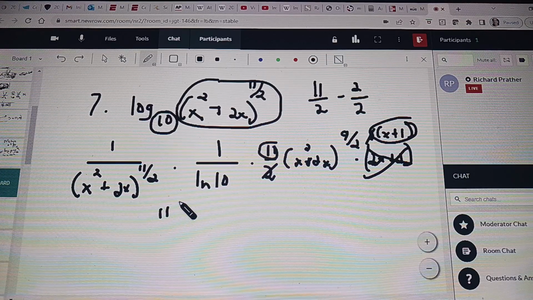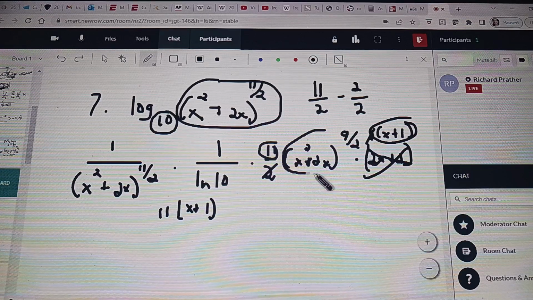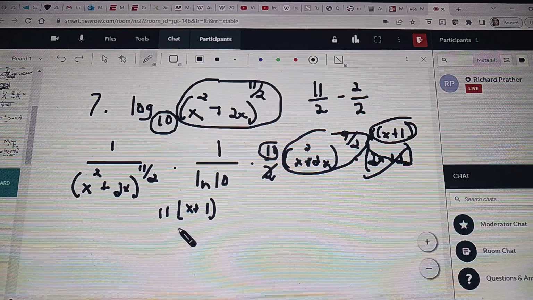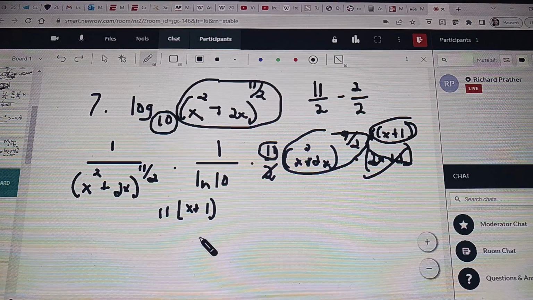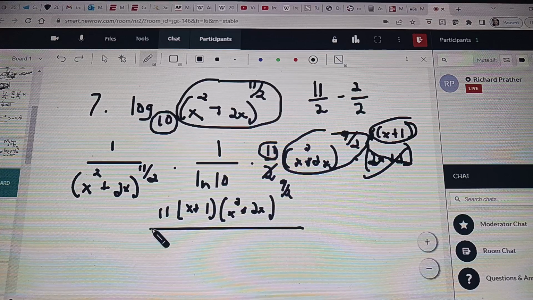So I could either have 11 times x plus 1. Actually, this is in the top too. 11 times x plus 1, or you could distribute it and make it 11x plus 11 if you want. But I'll just leave it like that because we're going to also have this attached to it. And then in the bottom, I just have the ln of 10 and this in whatever order you want.